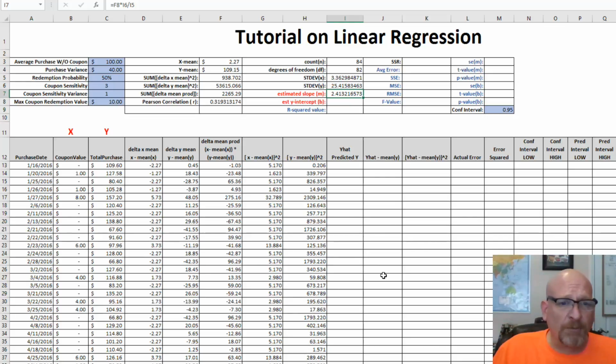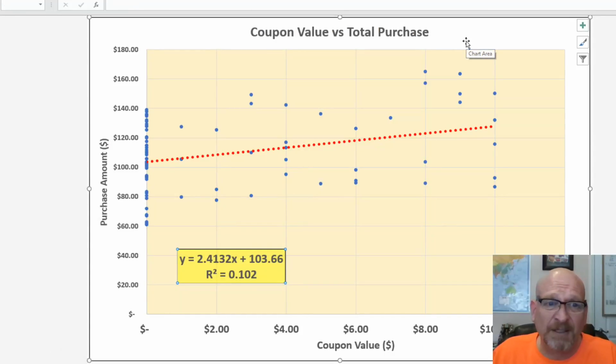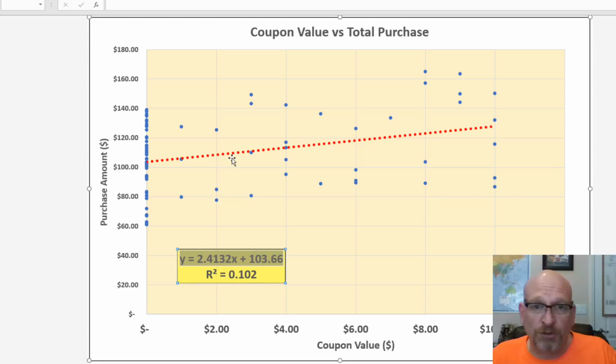Remember that formula we had on the graph that you haven't seen for a couple of videos? There's the graph. And so here's the actual scatter plot of the data that we're looking at, and look at the actual equation of the trend line. And remember, I told you the trend line itself is the linear regression, right? So the equation of the trend line gives us 2.4132. That is the slope of the trend line.